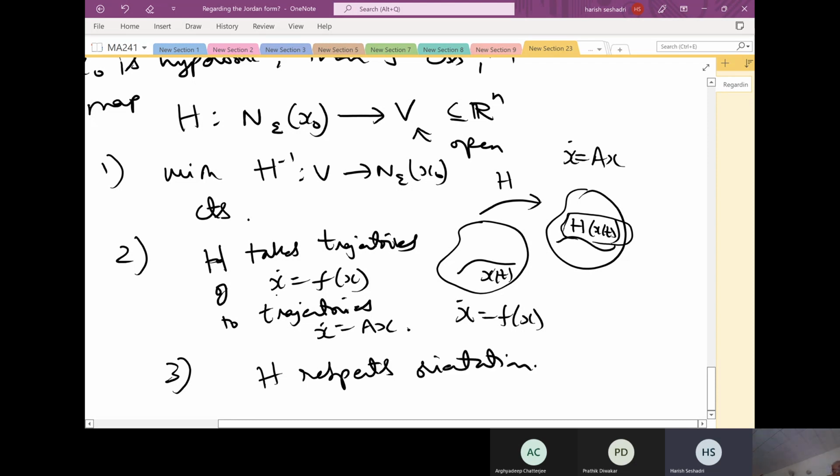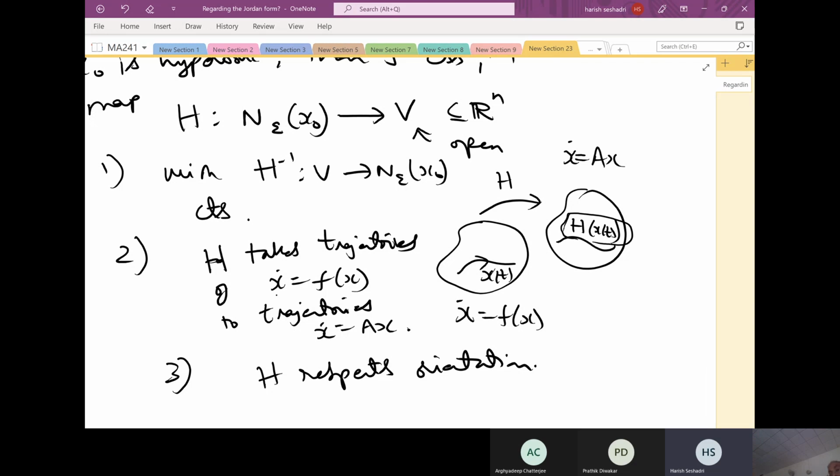H is also going to respect orientation. If something is going to move away from the origin in one picture, and if I take H of that solution, that will also move away from the origin. Something is going to come towards origin, that will also.